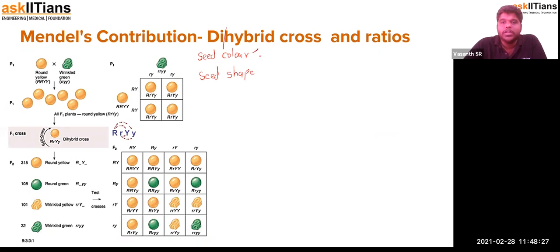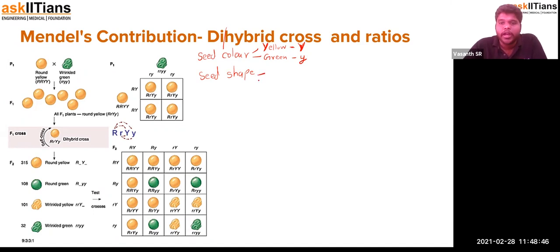Seed color includes yellow and green. Yellow being dominant, we take the capital letter Y, and green being recessive, we take the small letter y.